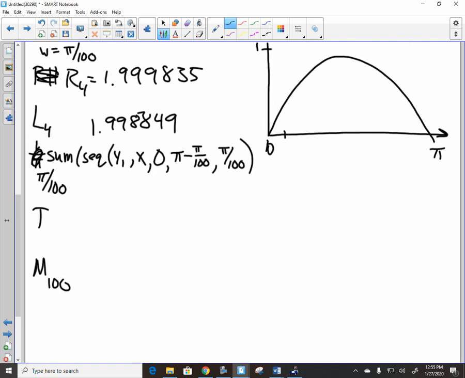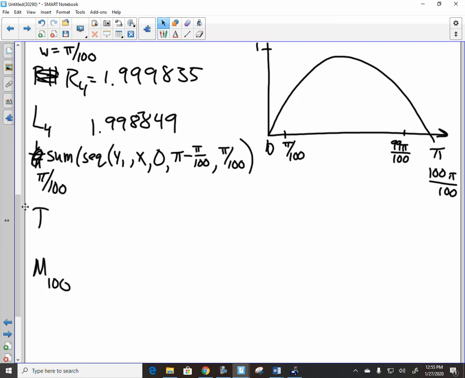Everybody said this was pi over 100, right? That was your first step forward. Everybody agree that this is 100 pi over 100. So then this spot right before it, as Maya said, was pi minus pi over 100, or 99 pi over 100. We agreed?